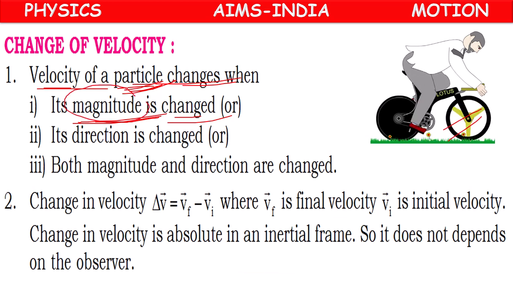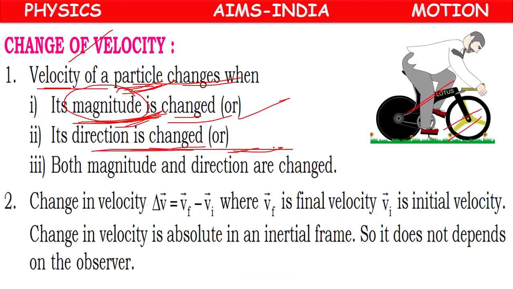So by increasing the force, either because of pedaling or because of the engine of a car, any reason, if the magnitude value is changed, then velocity will change. Or if direction changes, then also velocity changes. Or both change while taking a sudden turn.